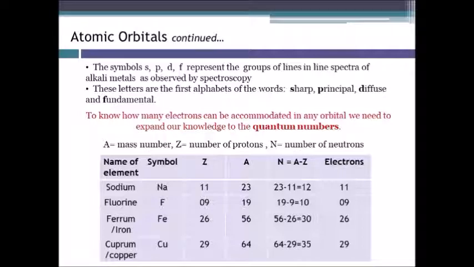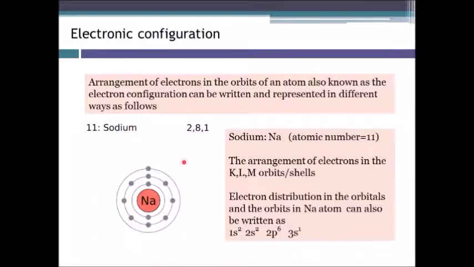So if the total number of protons and neutrons is 23, then we can subtract 11 from that 23 and get the number of neutrons as 12. In this way, we have seen how we can find out the atomic number, the mass number and the electron number from the given data.